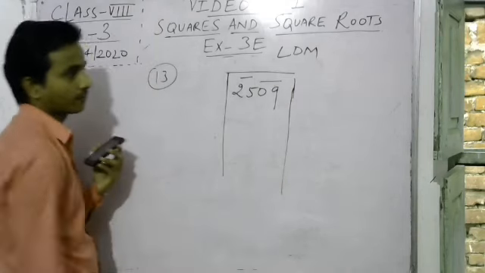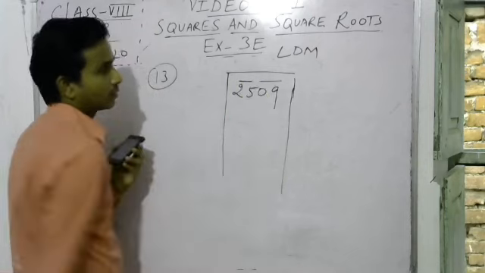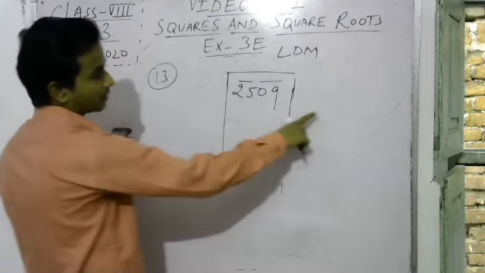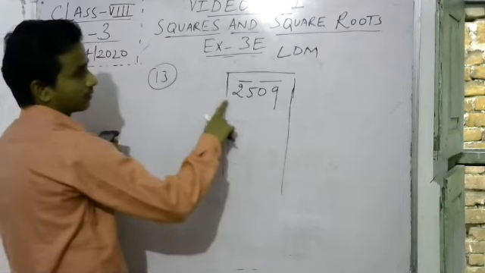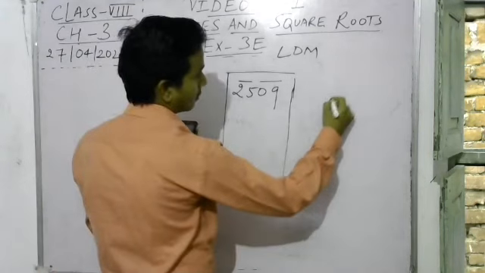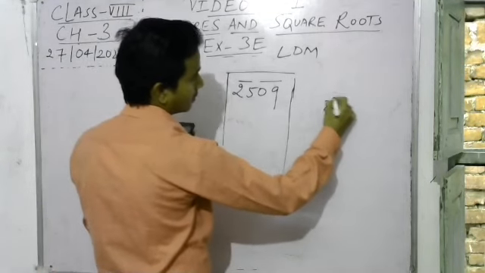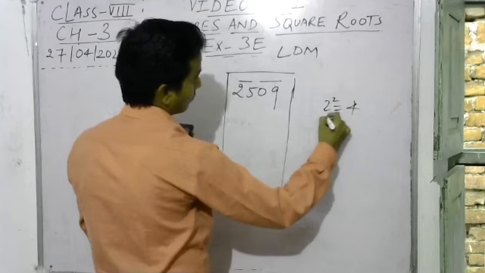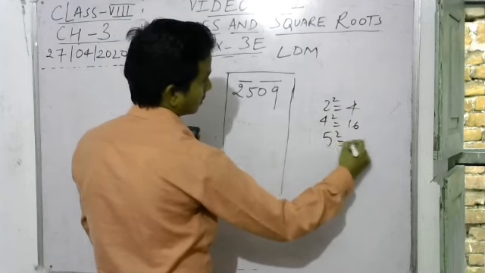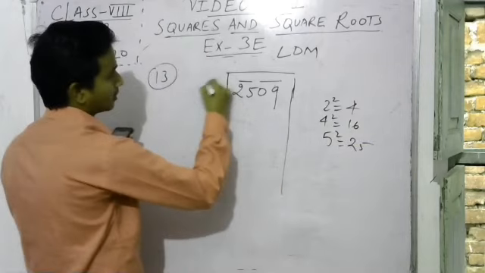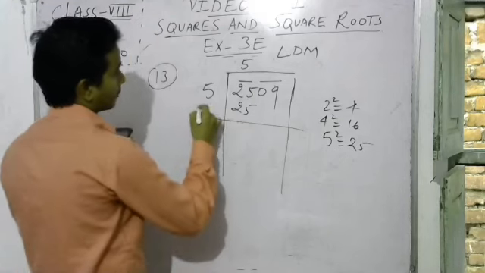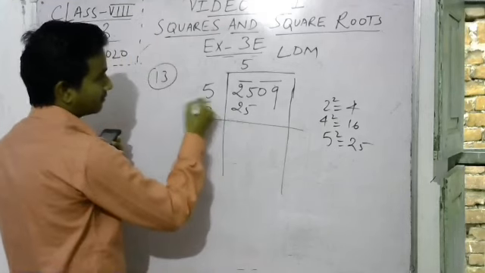So we have made pairs of 2 digits, and now what is the greatest perfect square number which is just less than 25? 1 squared is 1, 2 squared is 4, 4 squared is 16, 5 squared is 25. So 5 5s are 25.